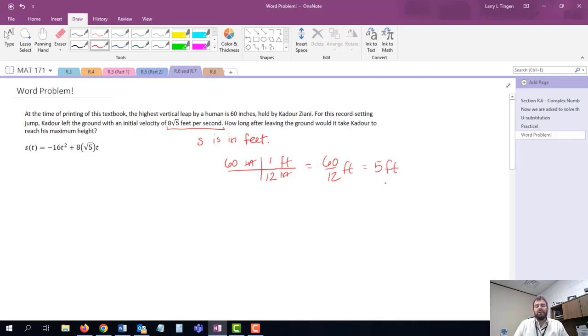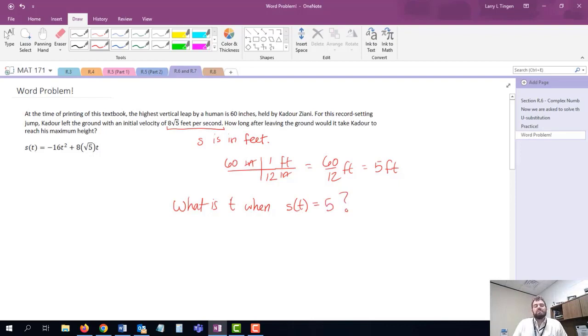So instead of looking for when S is 60, which is what I did in class, we're actually looking for what is T when my function S of T equals 5.